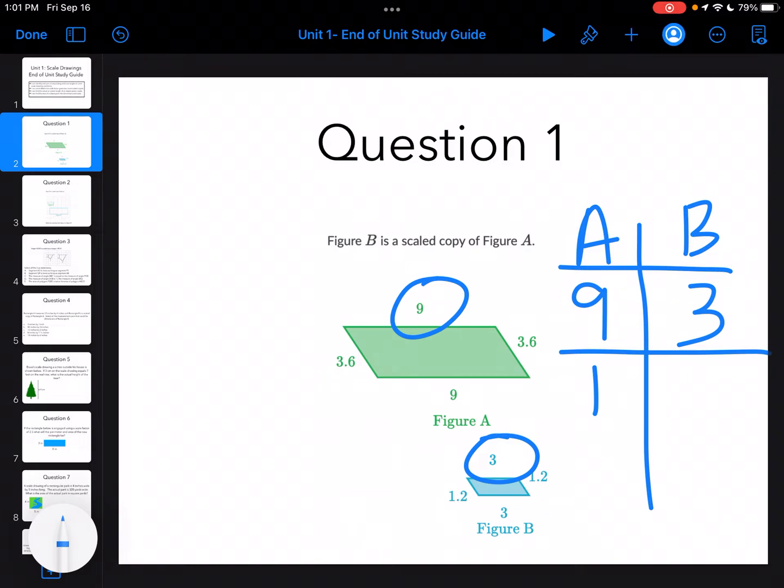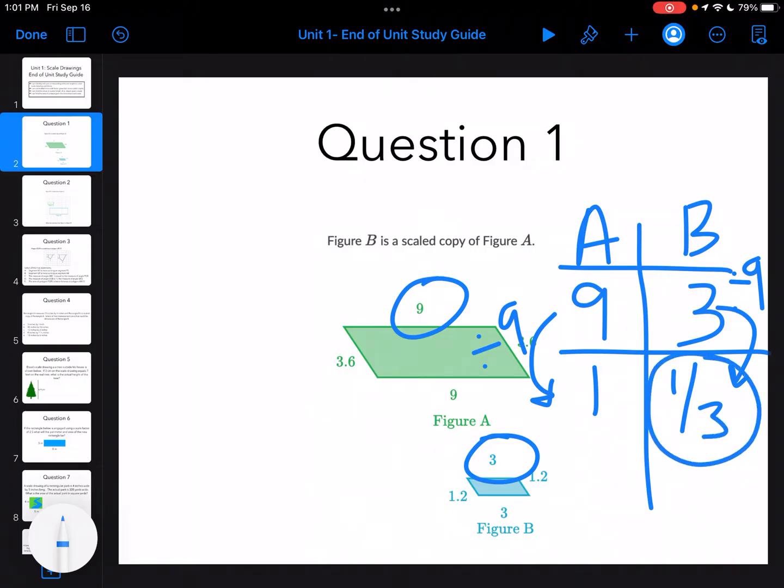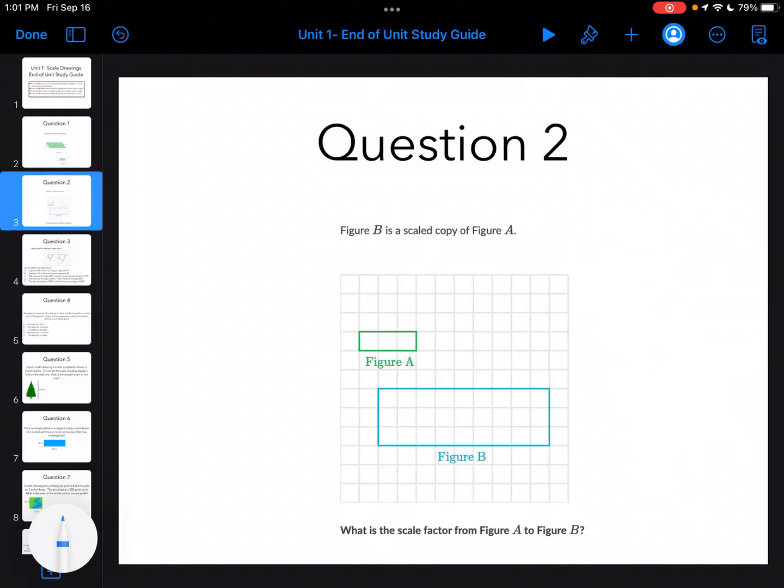So they want to go from the green to the blue. So I'm going to divide by 9. I'm going to divide by 9. 3 divided by 9 is 1/3, or 0.3 repeating. So the scale factor would be 1/3.